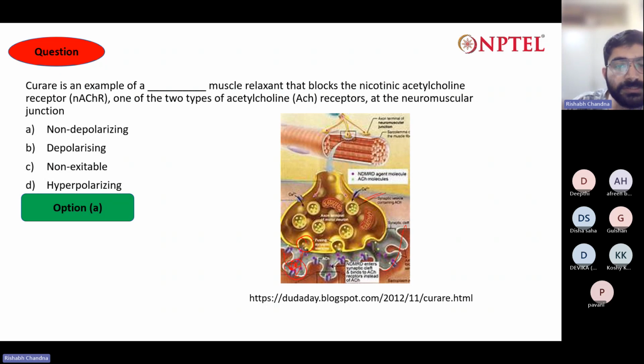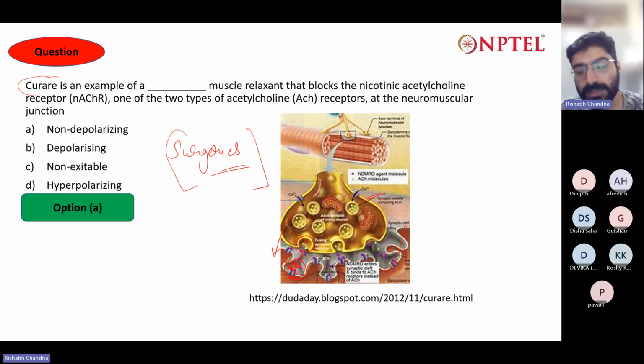So here it is non-depolarizing in nature. That's why. Okay, so this is the basic mode of action of curare that we talk about, and it is being used in various functions. For example, it is used in surgeries as a muscle relaxant, which does not allow any signal to pass through from the neurons to the muscles. So this is the basic function of curare that we talk about.